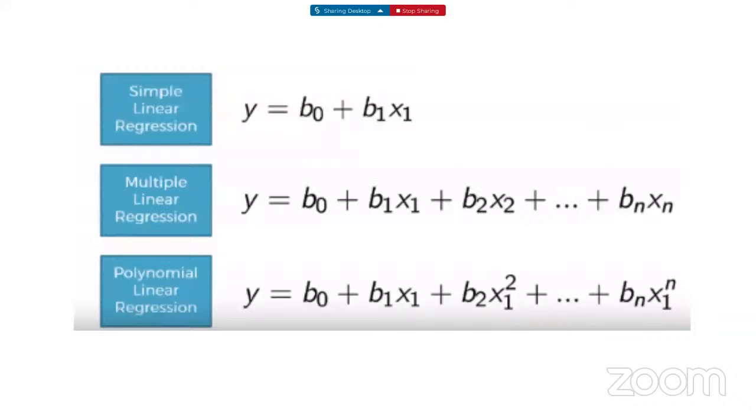If we use the math formulation, simple linear regression is ax plus b, and multiple linear regression is with multiple variables. It can have x1, x2, and so on. Polynomial regression is x squared, or x to the n degree, all the way down to x1.